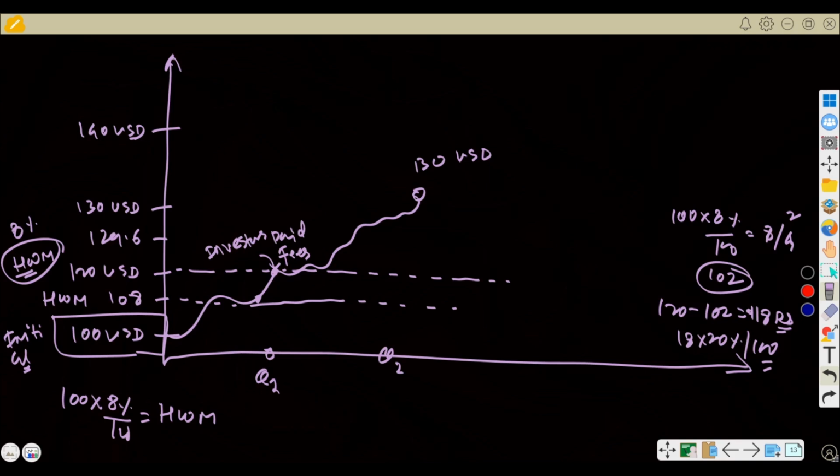But what about quarterly? Tell me the quarterly. 9.6 divided by 4 is 2.4. So 122.4 becomes your high water mark. And the fund generated a return of 130 minus 122.4, around 8.